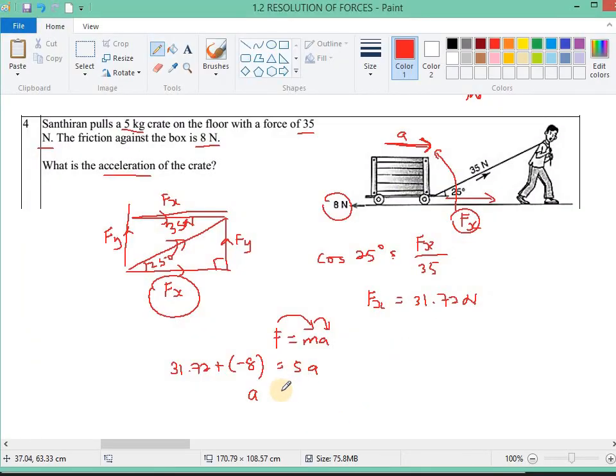Okay, continue. So the acceleration that we will get is 4.744 meter per second squared. Okay? Anybody have any question?